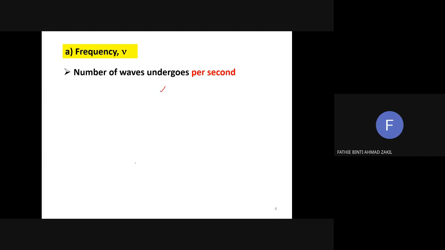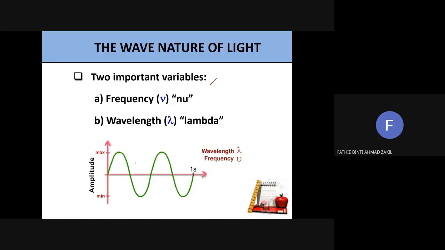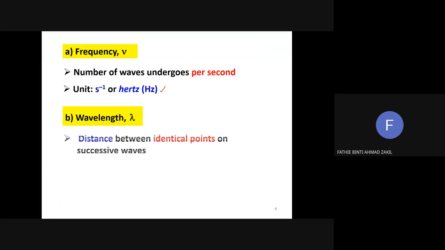Kalau kita tengok figure tadi, kita tahulah wavelength adalah daripada sini ke sini. Biasanya unit untuk wavelength ni adalah nanometer selalunya, dan meter.